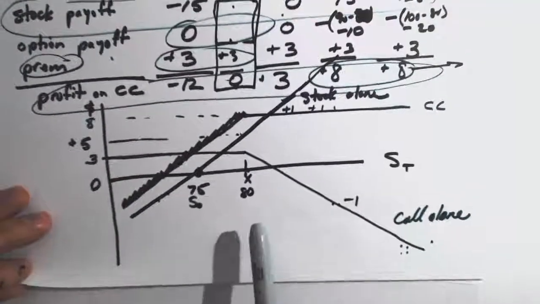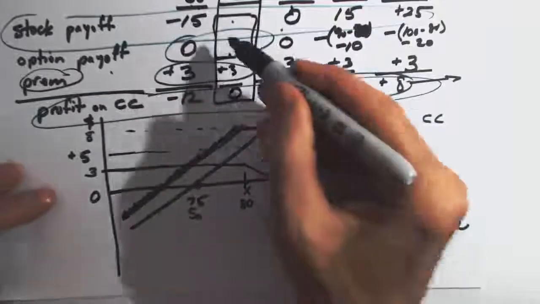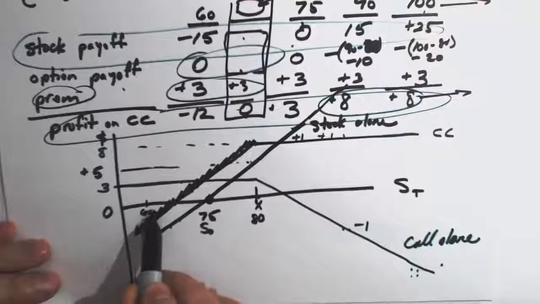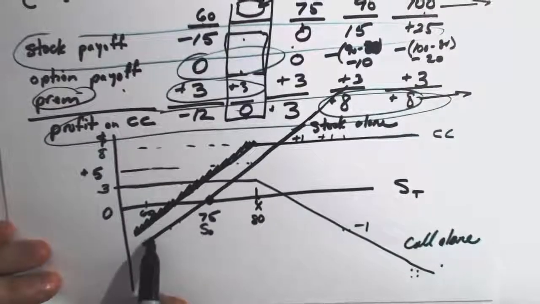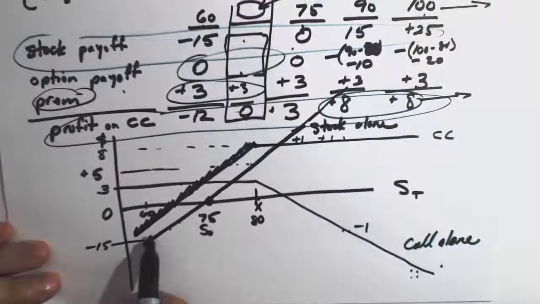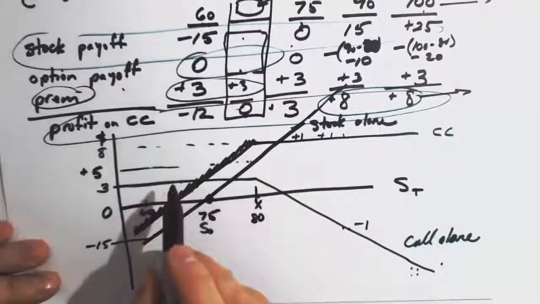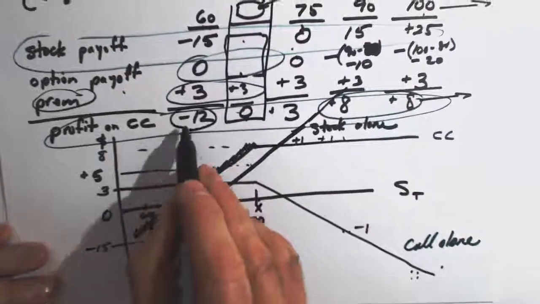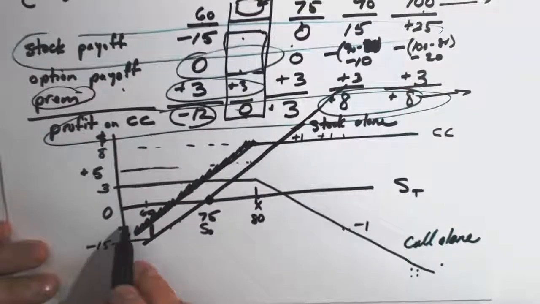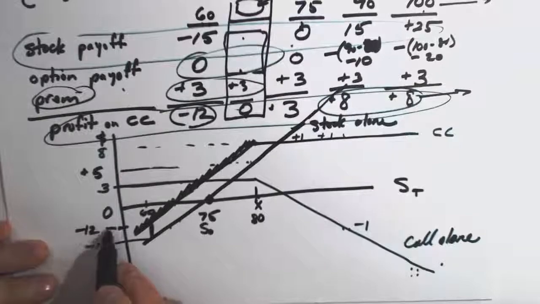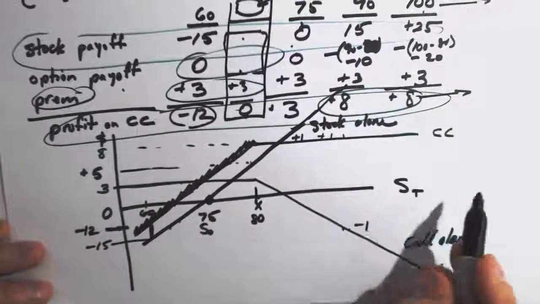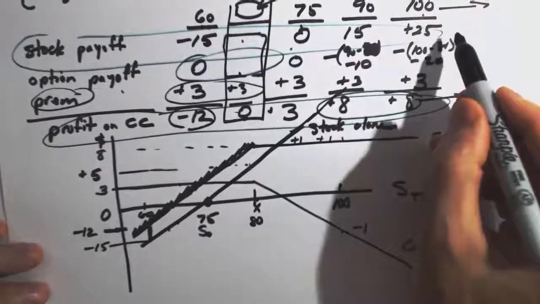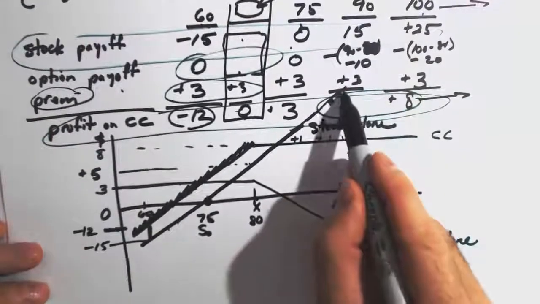Now you can plot the numbers here if you want. So when we're at 60 here, it's going to get a little messy, 60. Then we lose 15 on the stock, minus 15, right? And then we have $3 on the option. And so what we do is we lose $12 overall on the covered call, minus 12 right here. And you can do that all along the way. So if you're at 100, then at 100 we would have made 25 on the stock by itself.